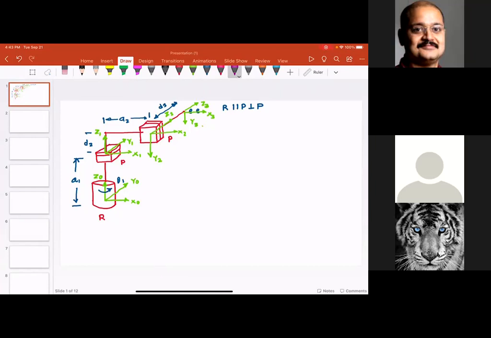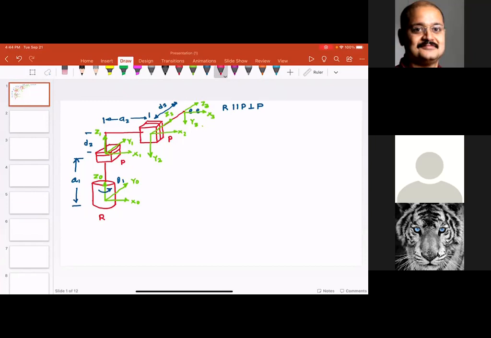So A1, usually A's are fixed, D's are moving. The way it is, the prismatic joint, that cylinder is at a fixed distance A1, but that cylinder can extend by D2. So if you take the derivative, that of A1 will be 0, but that of D2 will be D2 dot.